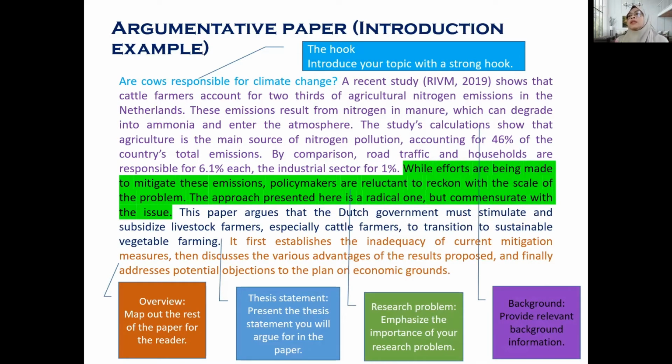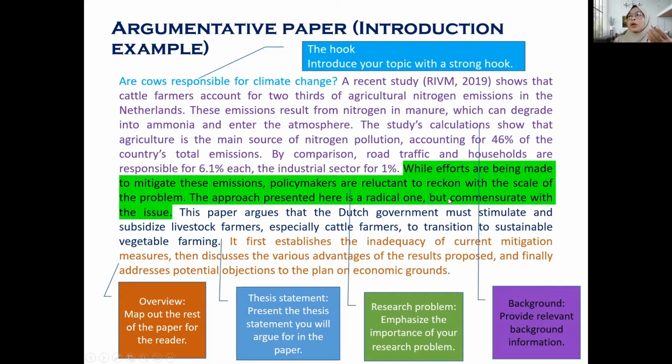The study calculation showed that agriculture is the main source of nitrogen pollution, accounting for 46% of the country's total emission. By comparison, road traffic and households are responsible for 6.1% each, the industrial sector for 1%. So this one is studied by RIVM 2019. So this is the background, provide relevant background information.